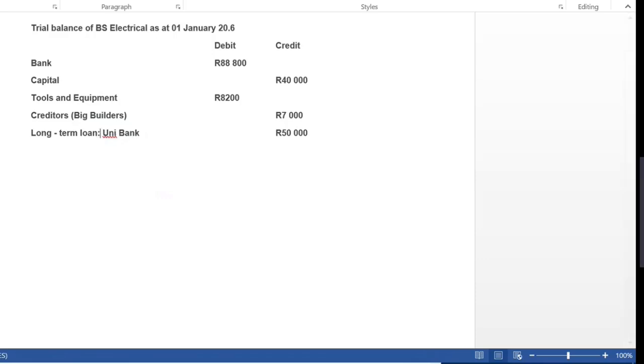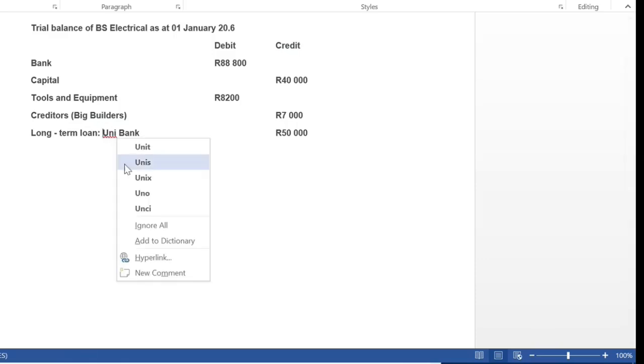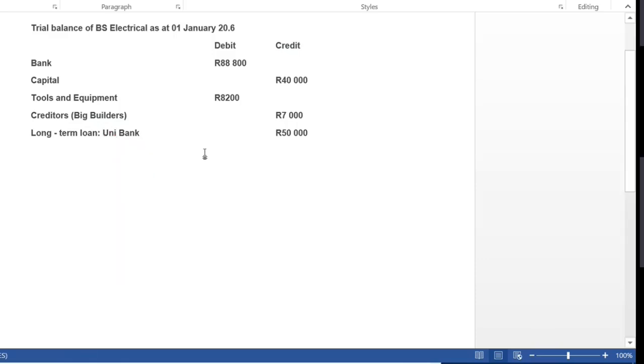Your trial balance must always balance. So 88,800 plus 8,200 is 97,000. And the credit side is also 97,000.